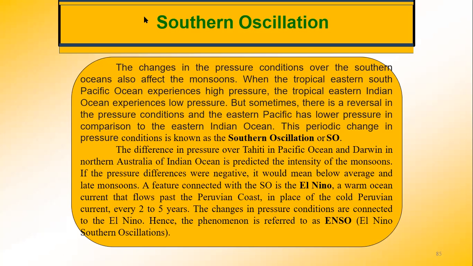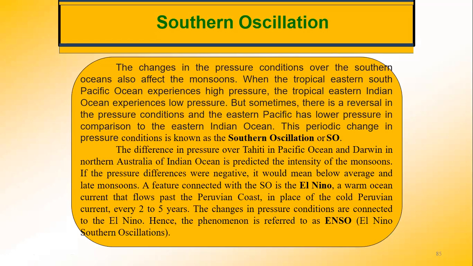Sometimes this current is more intense than usual and it increases the temperature by 3 to 4 degrees. The increase in temperature creates low pressure over the eastern Pacific Ocean. The pressure begins to rise over Australia and Indonesia, and these global changes in weather conditions can lead to a total failure of monsoon rains over India.